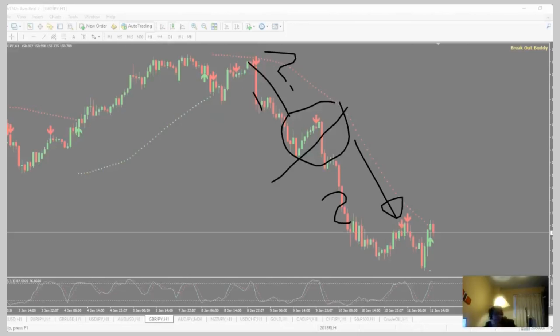Sometimes they're good programmers, good mathematicians, but they don't have those years in the trenches of trading and looking at patterns and pattern recognition. The Breakout Buddy is the best indicator on the planet Earth. All right, let's move on.